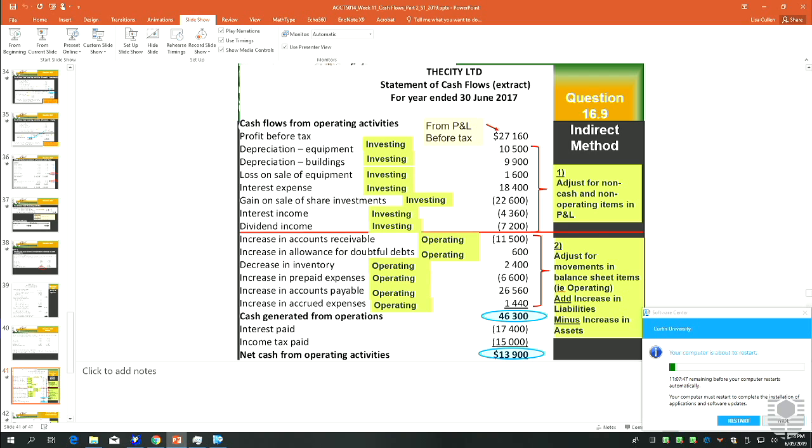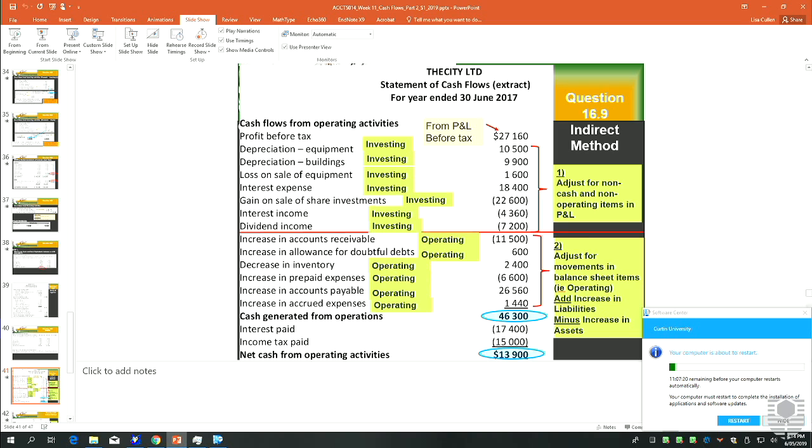Okay, so there it is in front of you. So those items, the first lot of items, the first group, they are non-cash, non-operating items from the profit and loss. Right? Any items of revenue that are in there, we need to take them out. Any items of expense, we need to add them back. The second part is your adjustments for movements in the balance sheet, but only for items related to operating activities.